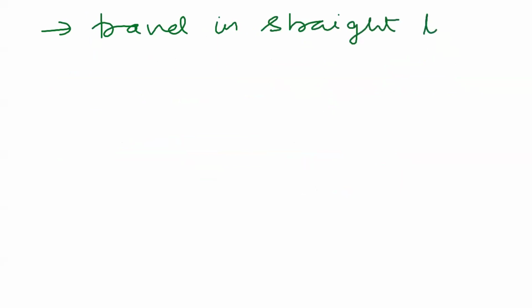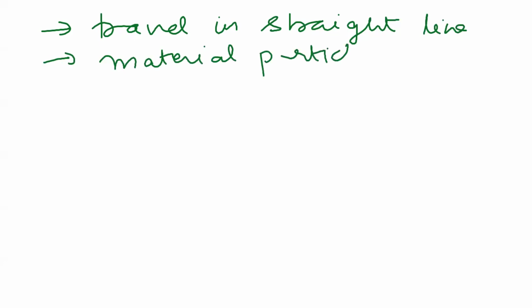Now anode rays, the first property is they travel in a straight line. Number two, anode rays are material particles. Anode rays are positively charged.